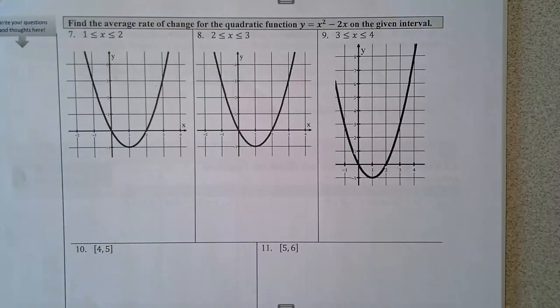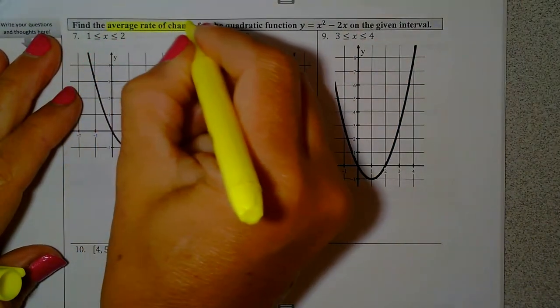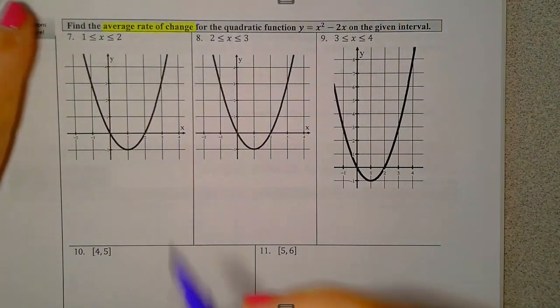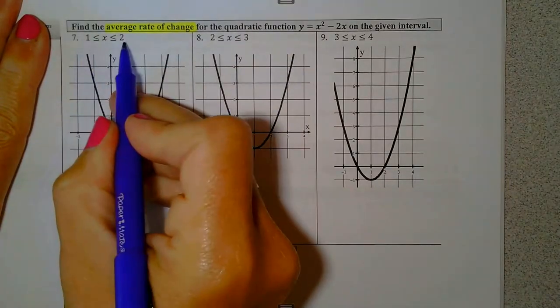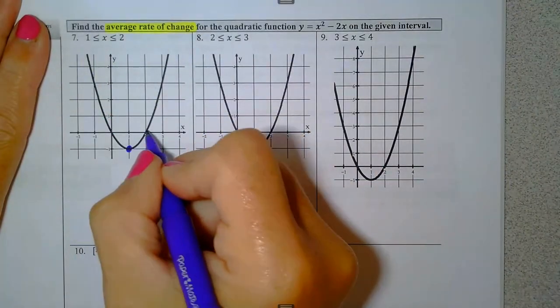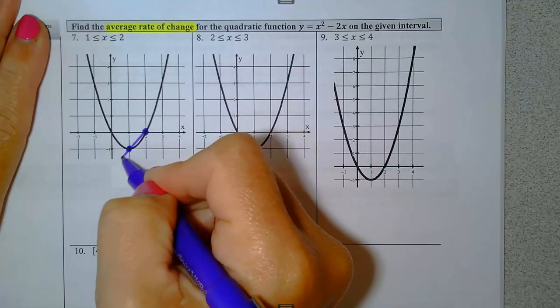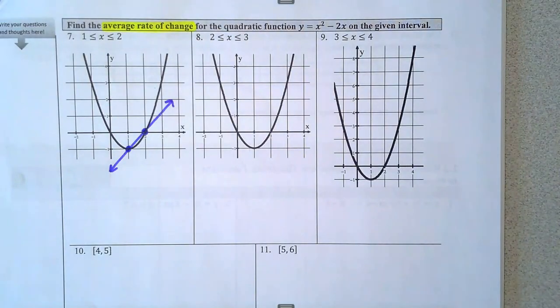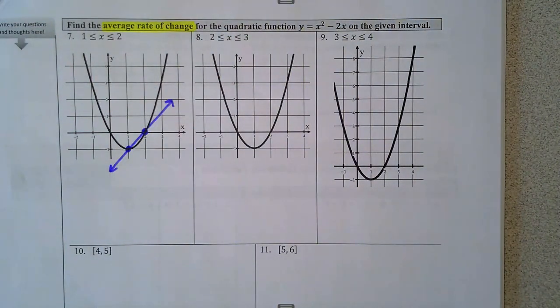For linear functions, it's not an average. 2/3 was the slope. There was no average about it. Why do they say average, like up here, where they say find the average rate of change? Because watch what happens. If I go on a parabola from 1 to 2 and I draw a line, does that replicate the parabola?